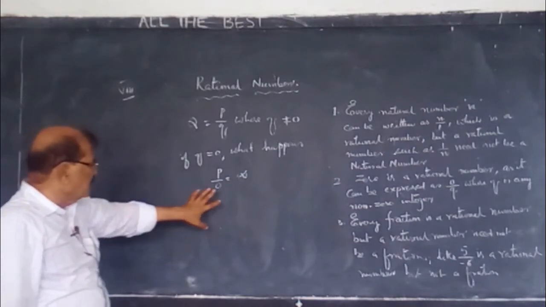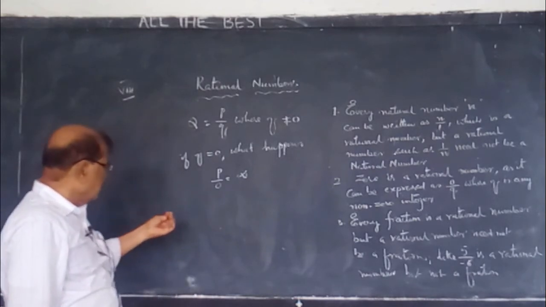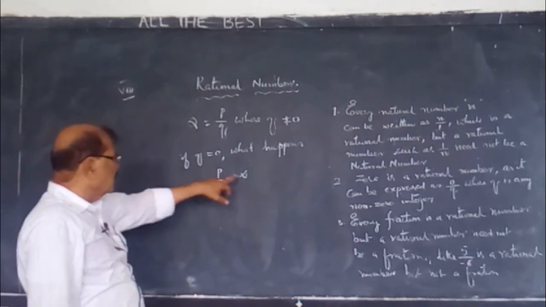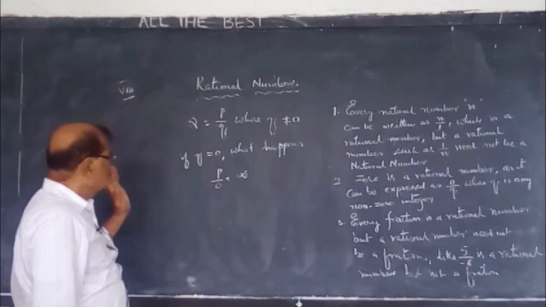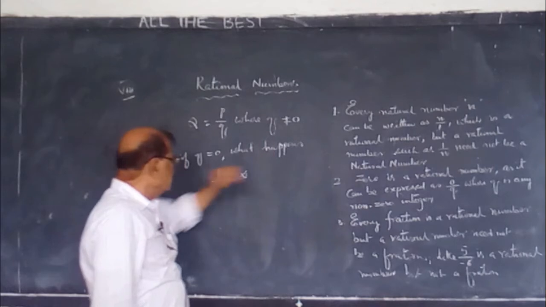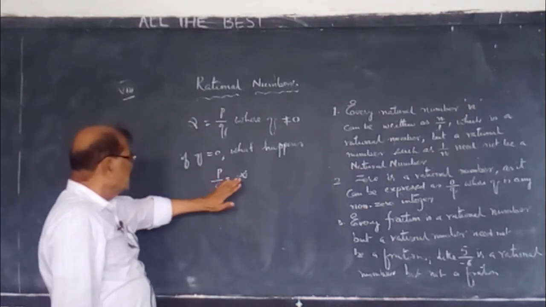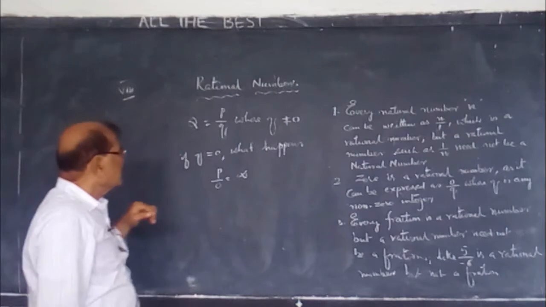So far, all the mathematicians in the entire world did not find the division by 0. So we call it infinity. So Q is equal to p by q, where q is not equal to 0. q should not be equal to 0 at any cost to represent a rational number.